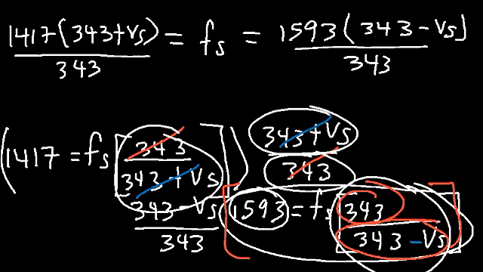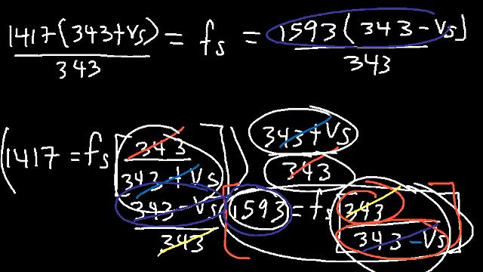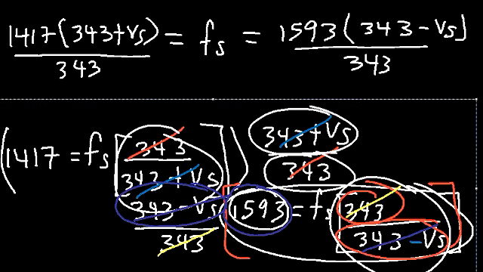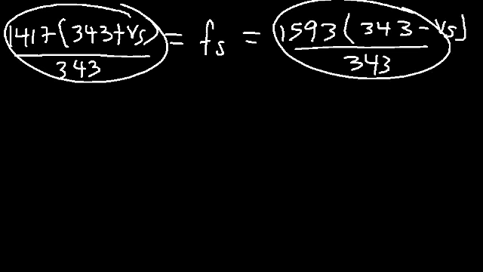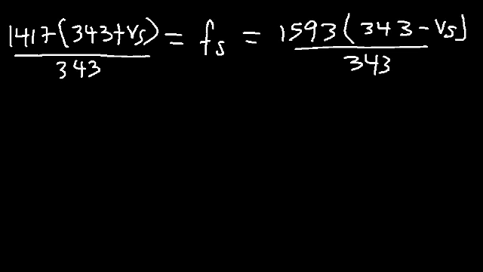So that these two will cancel and these two will cancel. And as you can see, on the left side is 1593 times 343 minus Vs, which we have here, divided by 343. Since both of these equations are equal to Fs, these two equations are equal to each other. So let's ignore Fs and set those two equal to each other.